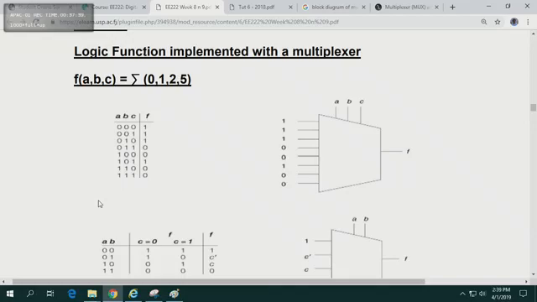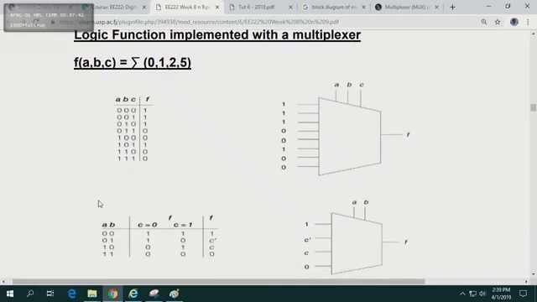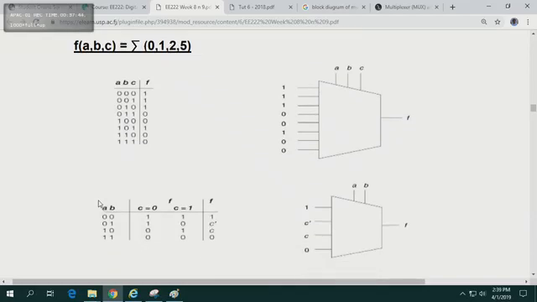So the first example is we are trying to use a sum of minterms, and we want to use an 8:1 mux to design or implement that sum of minterms. And all you need is one mux.